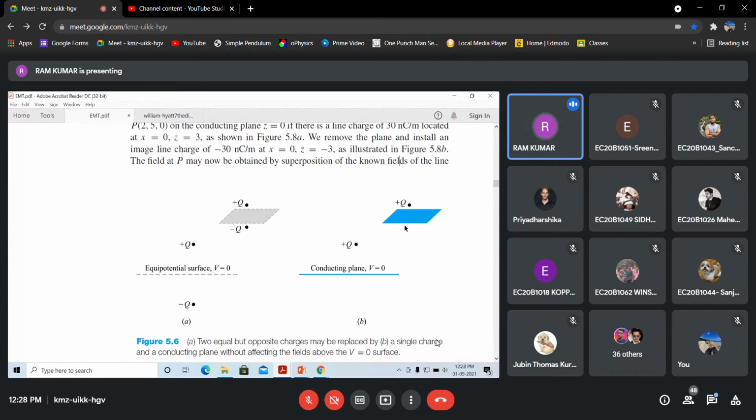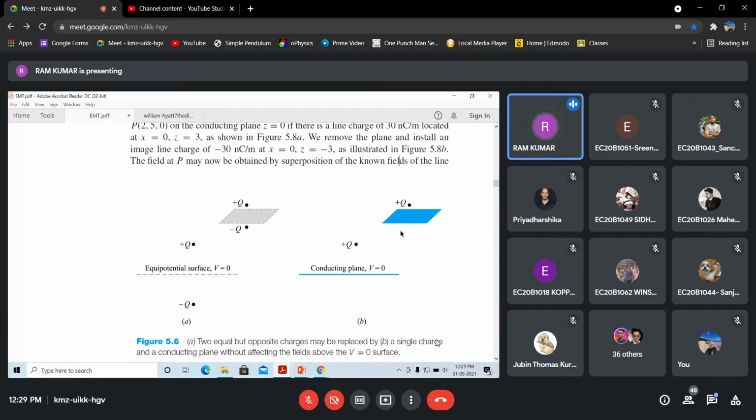I repeat, we have a positive charge and a conducting plane. We have some field over here, some electric field magnitude, maybe something like 0.2 volt per meter. Suppose we remove this conducting plane and introduce the minus q charge symmetrically.